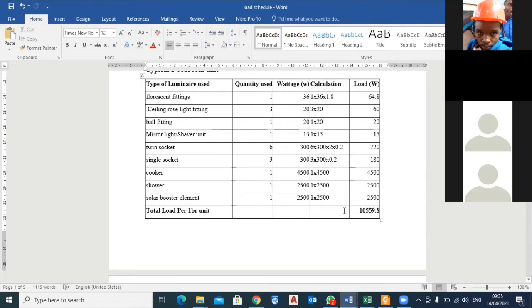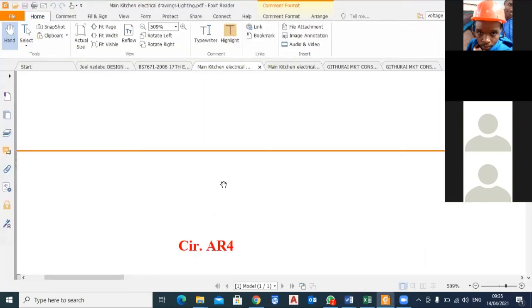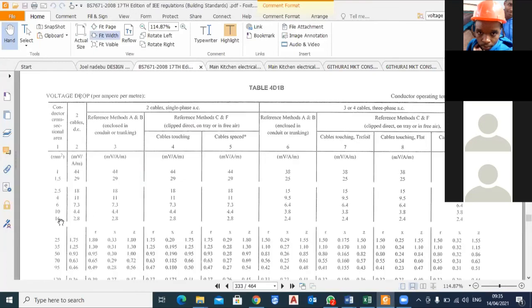105.59 divided by 240, divided by 0.8. This one is coming to 54.99, which is around 55. So this one definitely utatumia hii.